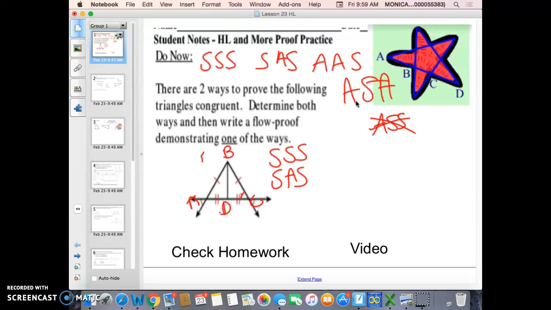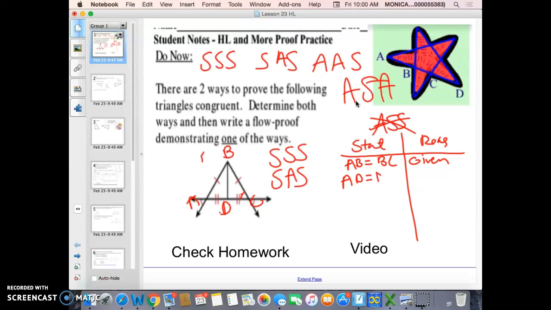I can say for my statement, and this would be my reasons, I could say that AB equals BC, and I would say that's given. I can say that AD equals DC, and that is also given.